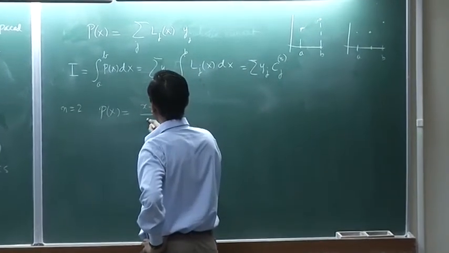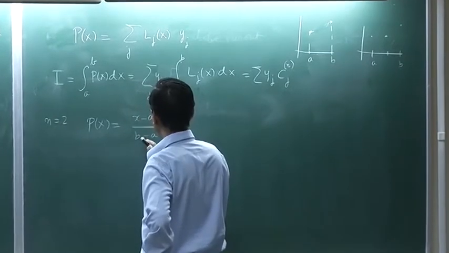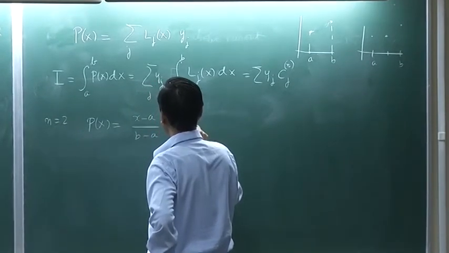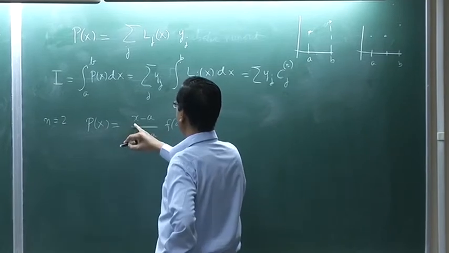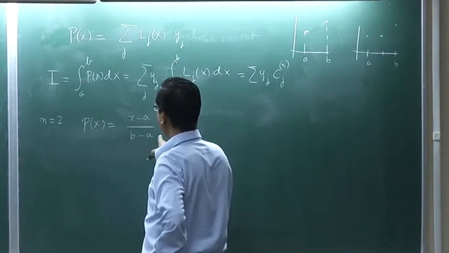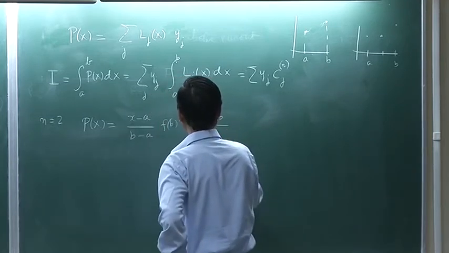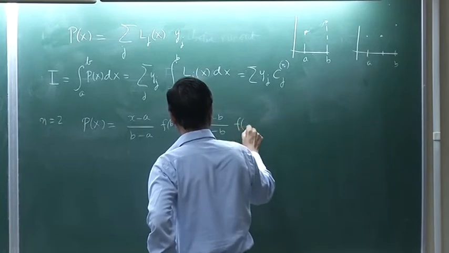So p(x) will be x minus a over b minus a times f of b, since if I put x equal to b, then I get f of b, and then I get x minus b over a minus b times f of a.